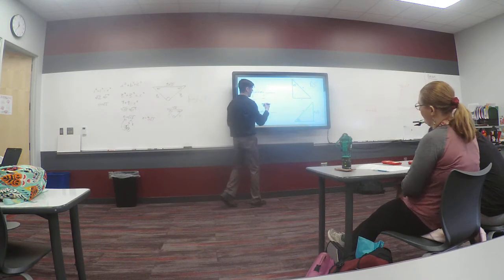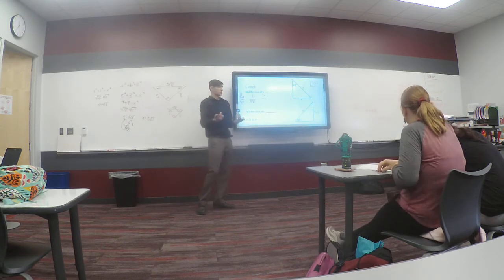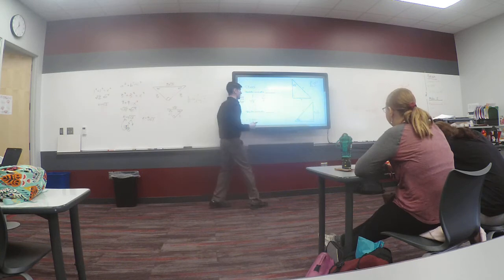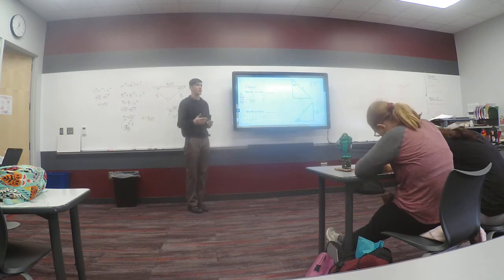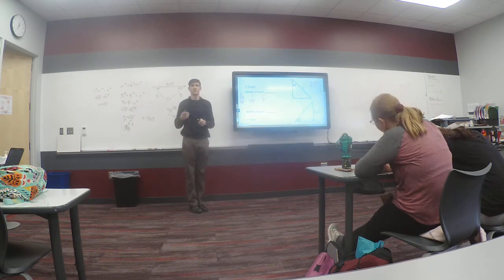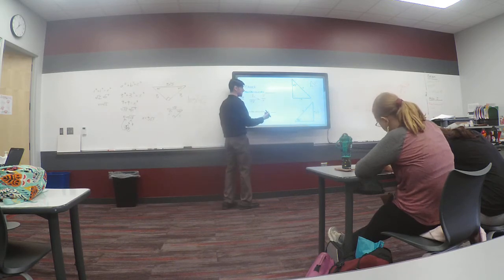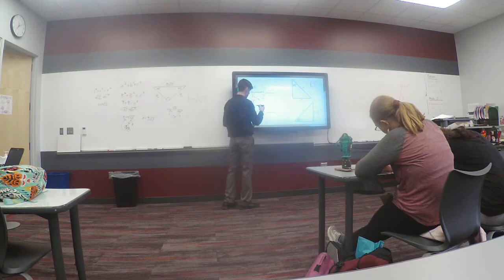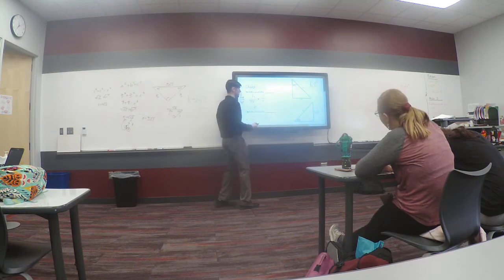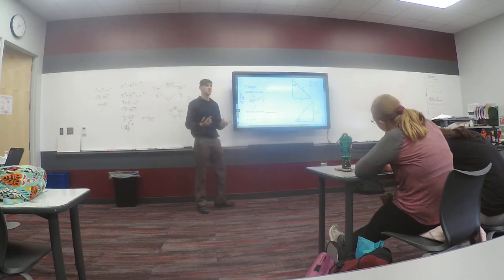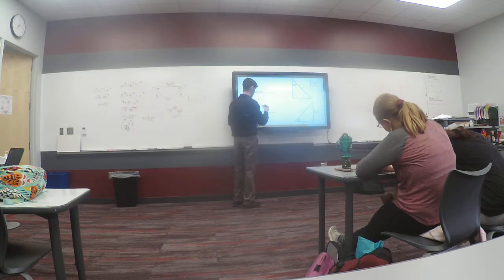And what is the hypotenuse of my big triangle? X. That's what I'm trying to find. So when I set up that proportion, how do I solve for x? I'm going to cross multiply. So 1 times x is x, and 7 times radical 2 is 7 radical 2.